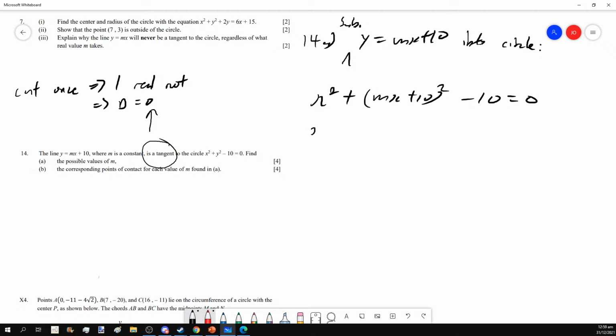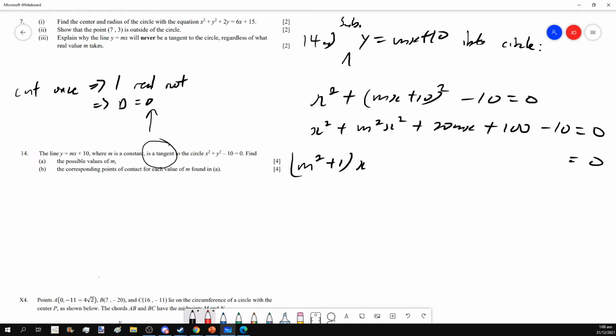So let us open up the square brackets. We'll have x squared plus m squared x squared plus 20mx plus 100 minus 10 equal to 0. In other words, we should have m squared plus 1 x squared plus 20mx plus 90 equal to 0. From here, we will be able to say that the discriminant will be b squared minus 4ac.